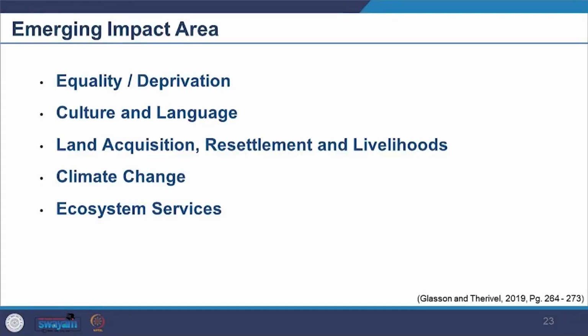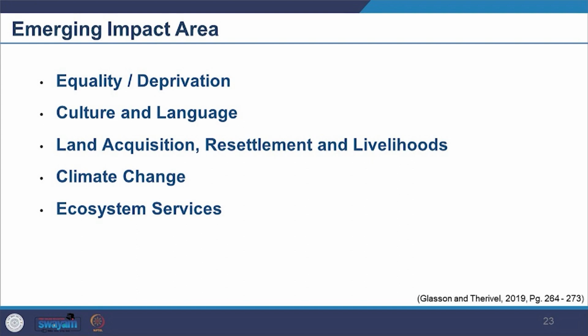So that was about the socio-economic impact areas. Now we're going to look into the various emerging impact areas. As we all know, our understanding in EIA is continuously increasing. I had said that whenever we study this subject, we have to understand it from the perspective that it's constantly evolving.